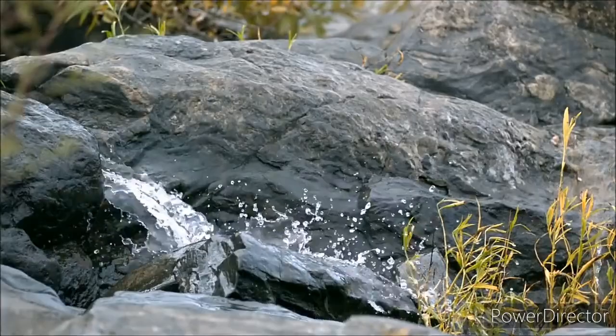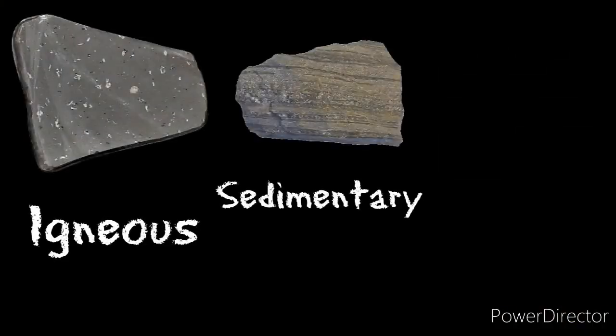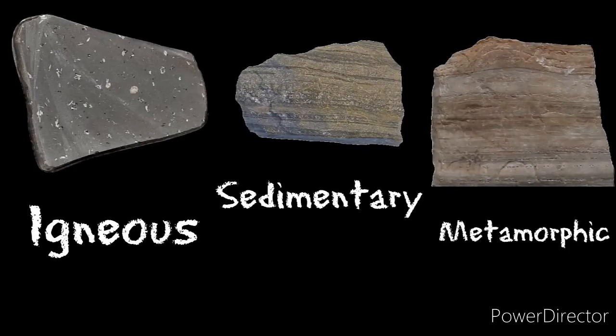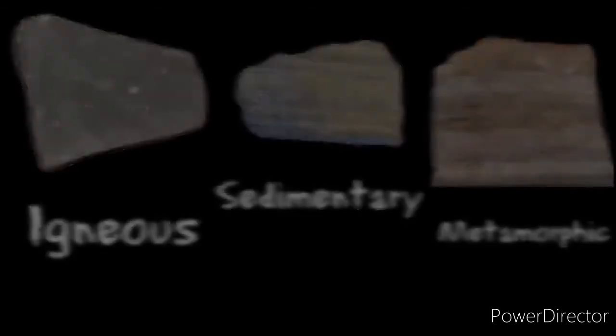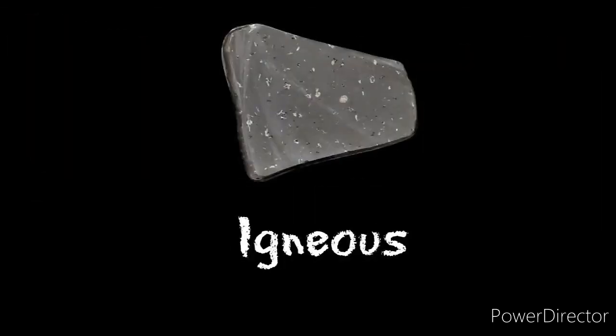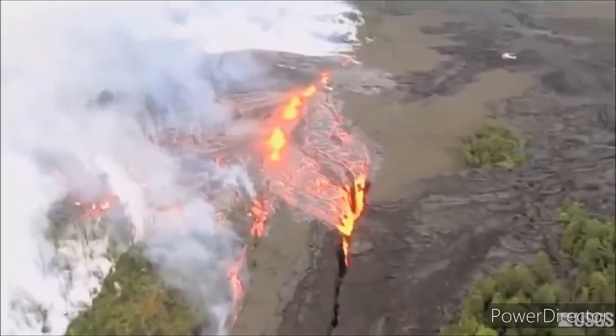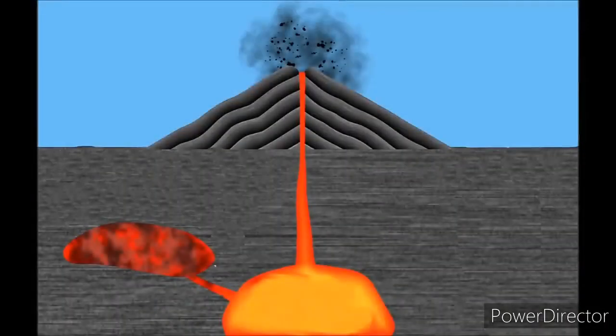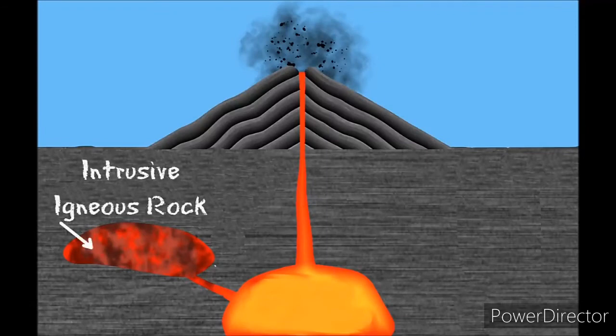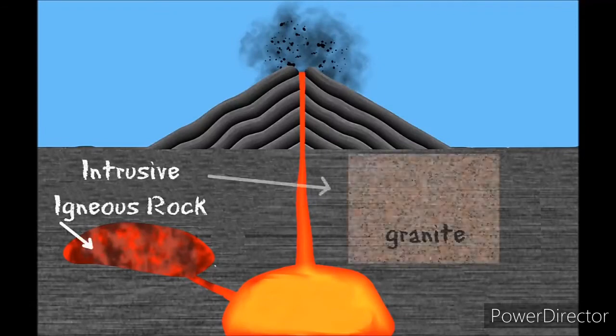There are three main types of rock: igneous, sedimentary, and metamorphic. Igneous is a word that means fiery. Igneous rock is formed when magma or lava cools. Sometimes magma cools slowly underneath the Earth's surface. This forms intrusive igneous rock, like granite.